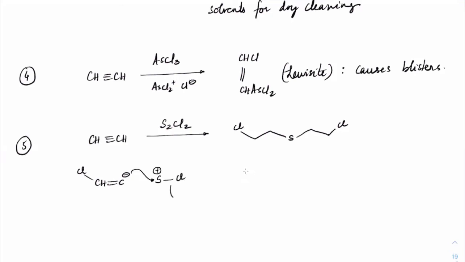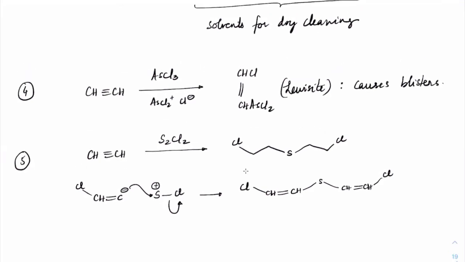So this gets attacked here, Cl minus will leave. Again we'll have Cl-CH=CH with sulfur, and this side also will get CH=CH with sulfur. Clear on that?